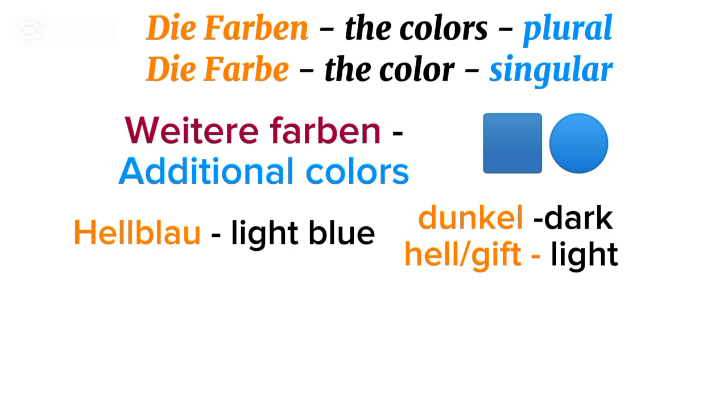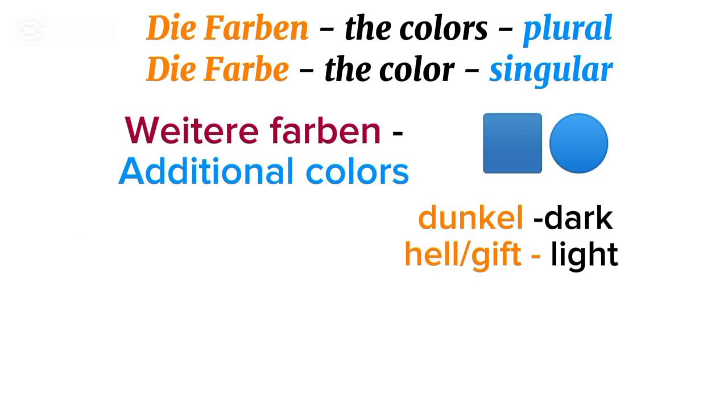For instance, zum Beispiel, if it is dark blue, dunkelblau, dark gray, you will say dunkelgrau. Okay, you will just replace it. And if it is light, you will say hell or the hell. Okay, hell or hell, they all mean light. So you'll say hellgrün. So we have hellblau. Okay, just like that.